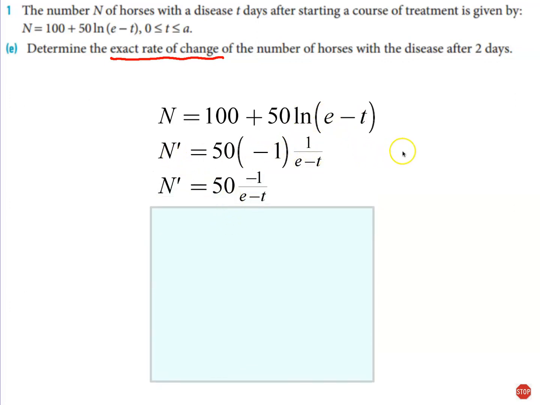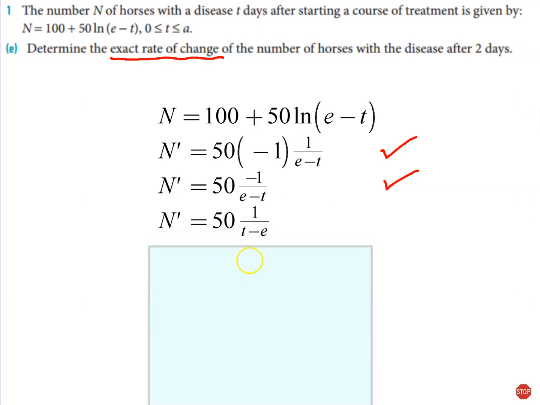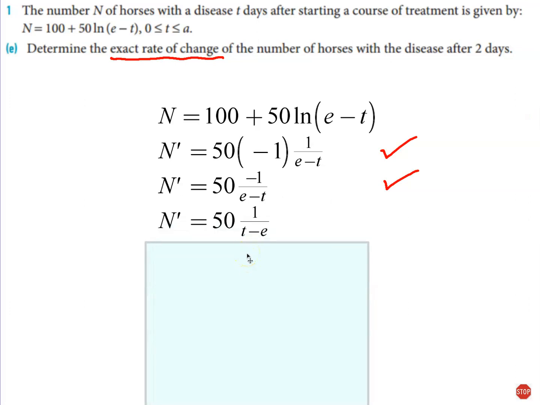Now, you could just leave it like that and substitute 2 in for t, so that's quite okay. What I did is I multiplied this by the numerator to get that version, so that version's also okay. Let me move this down. And the textbook actually has that answer.